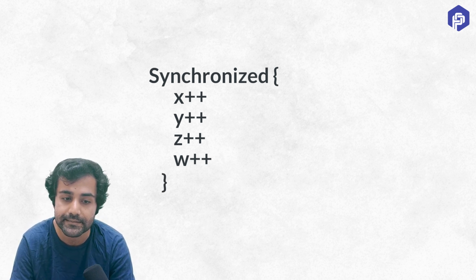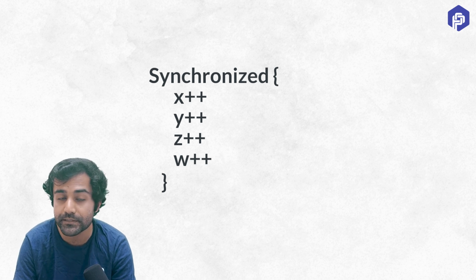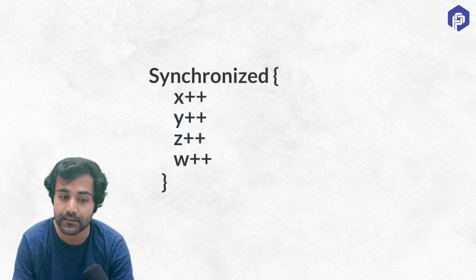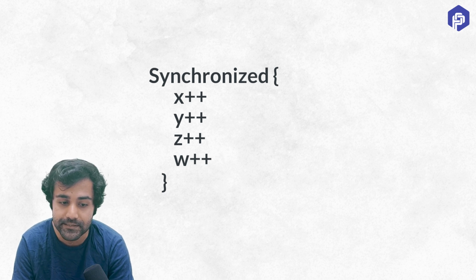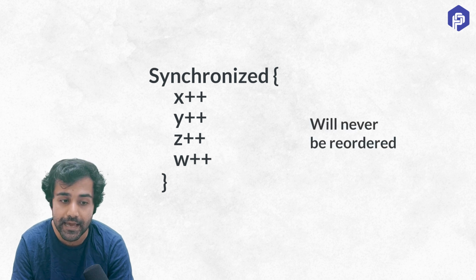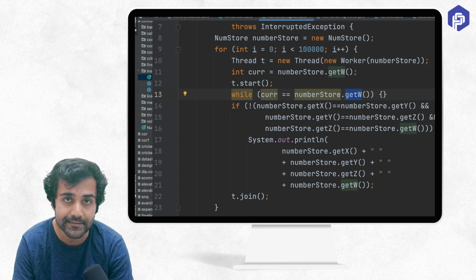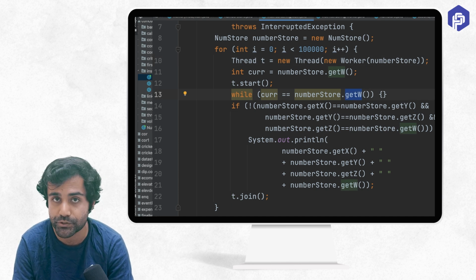So we are synchronizing on the same instance of this number store. So when I put this up over here, one thing that is guaranteed is that these instructions are not going to be jumbled up. And going by that idea, what I would expect is that if my W has changed, then X, Y, and Z also would have changed for sure.